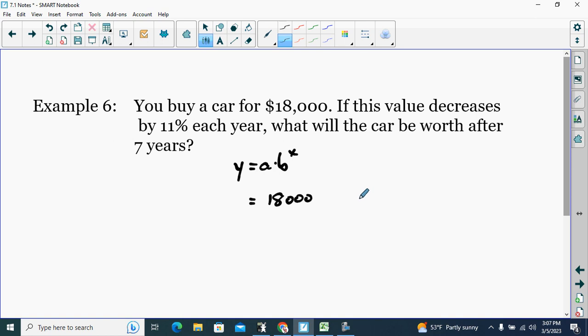B is the growth factor. It's decreasing by 11%. So we start with 100% minus 11% gives me each year we are keeping 89% of its value, 0.89 to the 7th. To the 7th because it goes down by 11% each year, so after 7 years it will have gone down 7 times. We're taking 11% off 7 times.